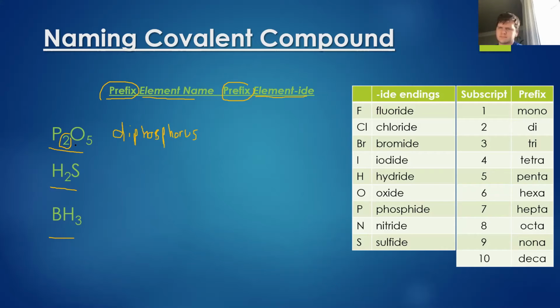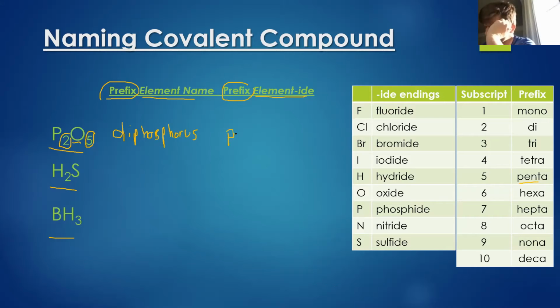Then we have to look at oxygen. Now oxygen, since it's a covalent compound, we want to use a prefix. So we look at the subscript after oxygen to figure out what that prefix should be. And it's a 5. And 5 tells me penta.